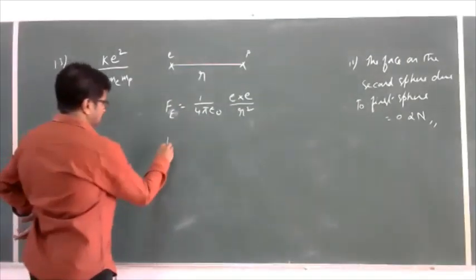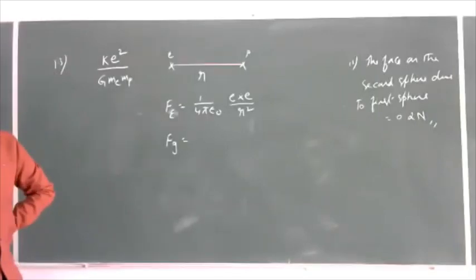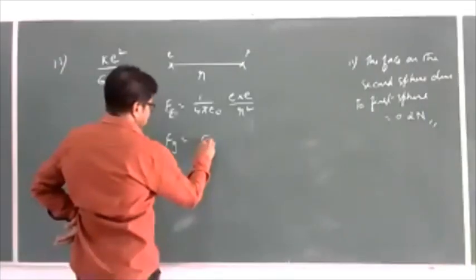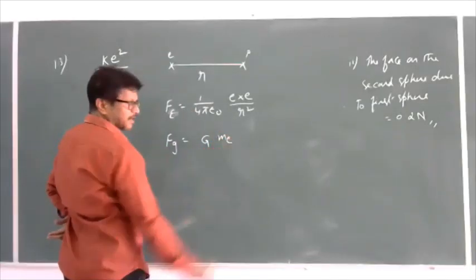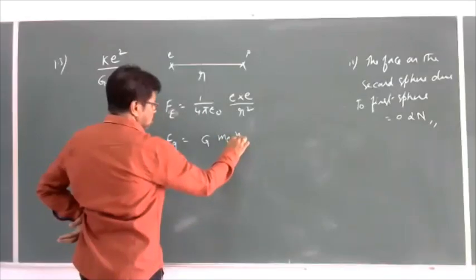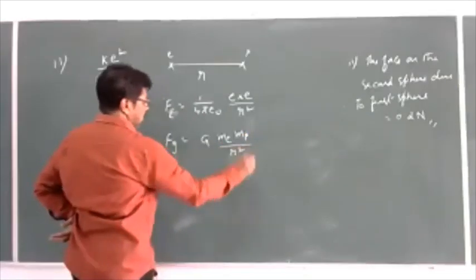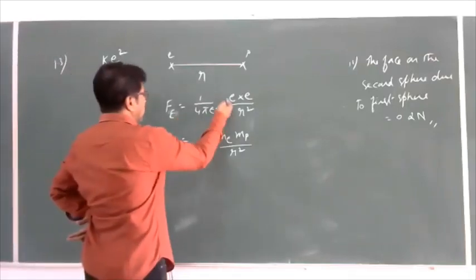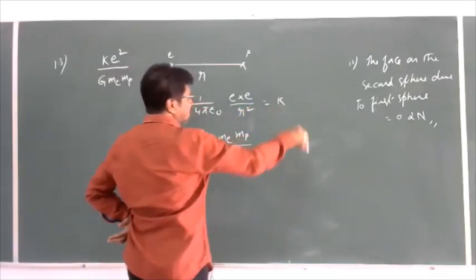Similarly, there will be a gravitational force between these two because of their masses. What is its formula? G M1, that is the mass of an electron, M2, that is the mass of a proton, divided by R square. 1 by 4 pi epsilon naught is equal to k, which he considered constant.